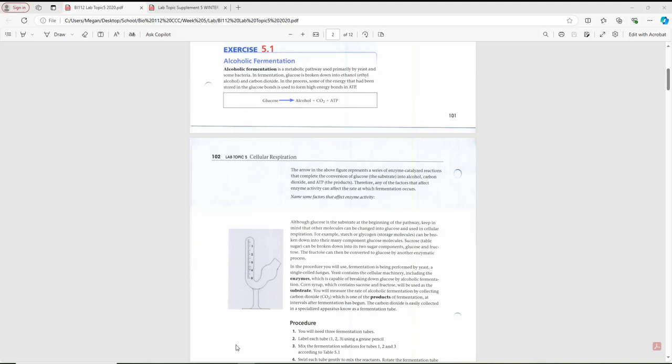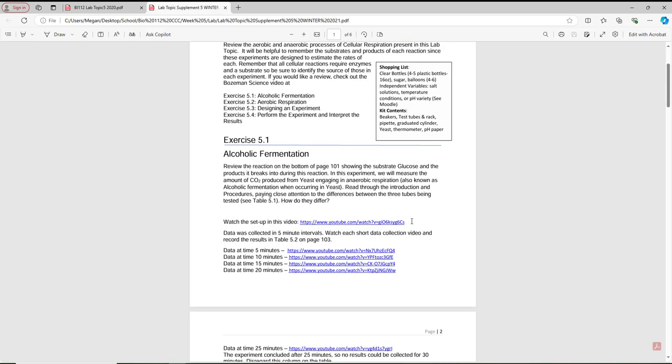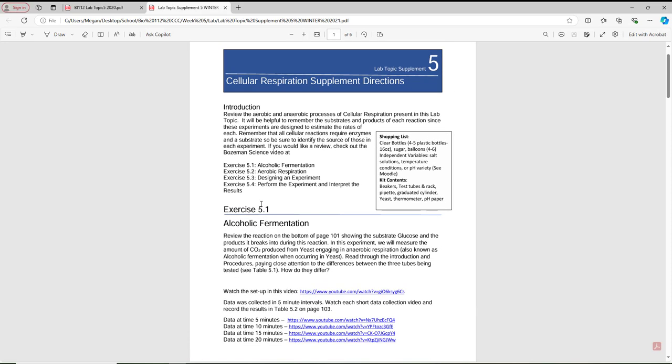Let me take a look at our lab supplement. You're going to be watching a video on how to set up the experiment at home. You will need some items from home: some clear bottles to work with, some sugar, and some balloons.